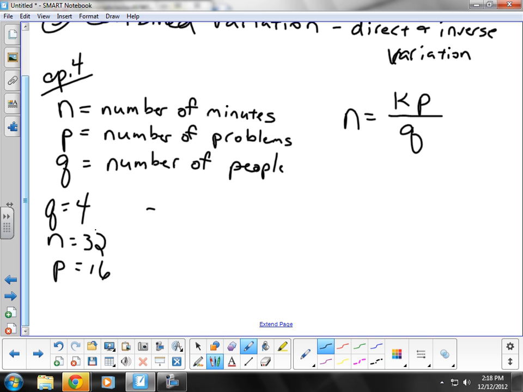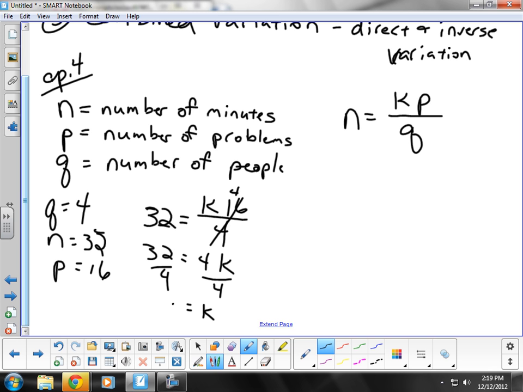Well, can I go ahead and just reduce here, please? Make that 32 is equal to 4K. Then I can divide by 4. So K is 8.